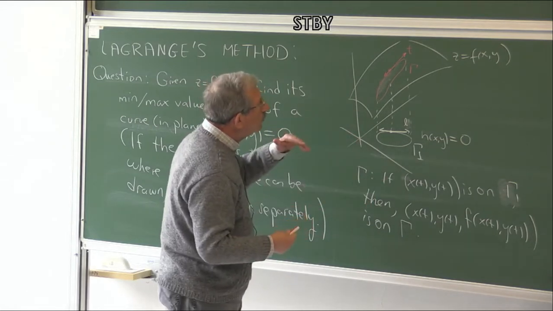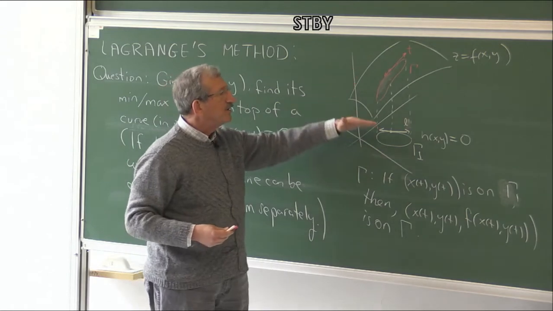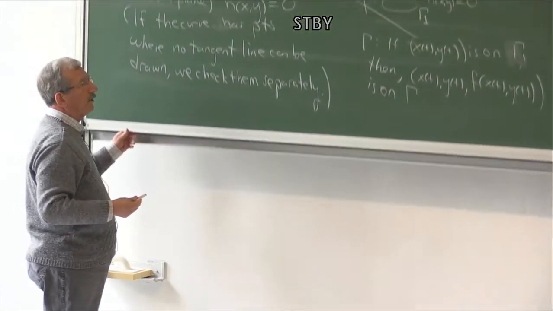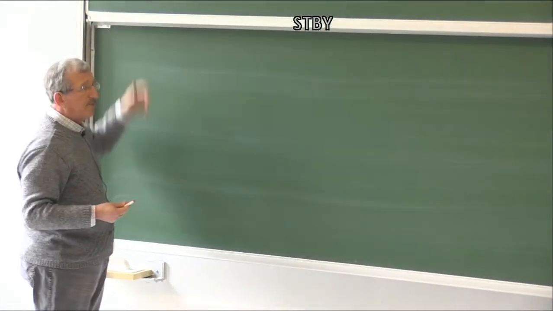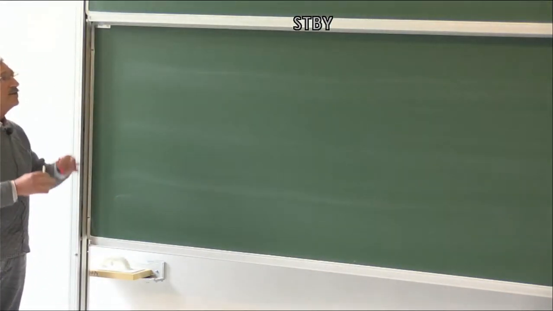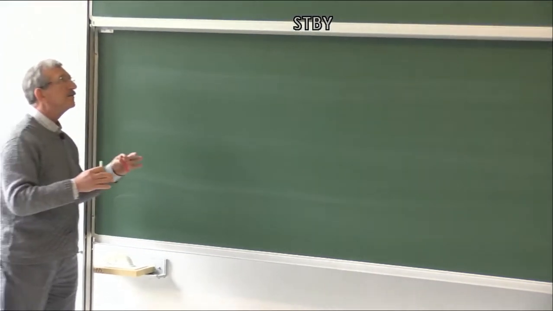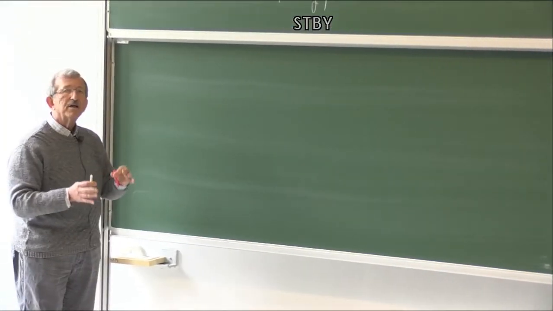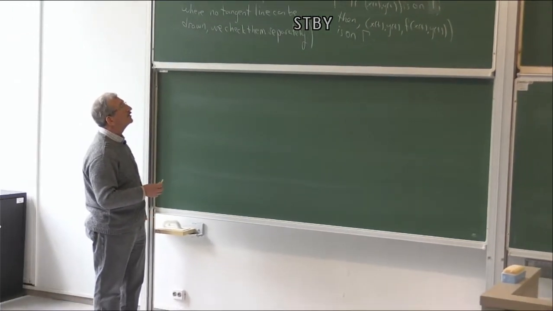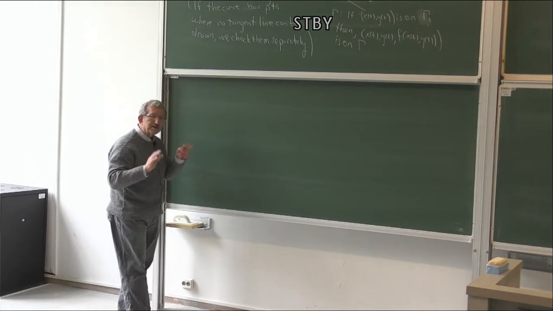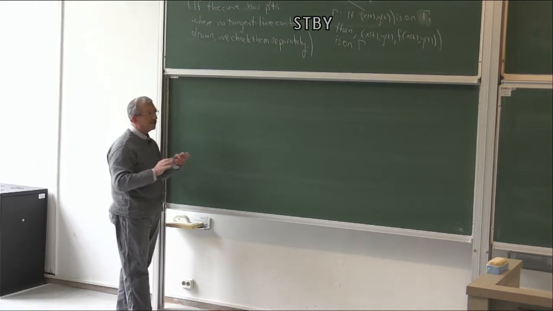Now, what about the tangent lines drawn to them? Obviously, we have the following. From our previous remarks, if we take the derivatives of the components, we get parallel vectors to the tangent lines. Okay, so assuming differentiability, I will not, as I said, bother about that at this point.